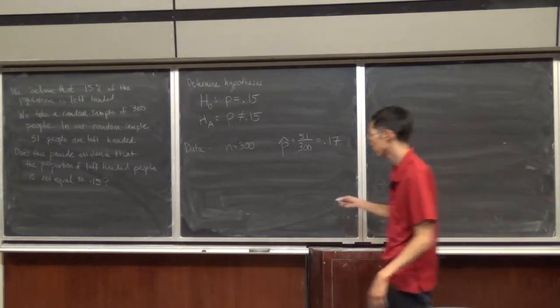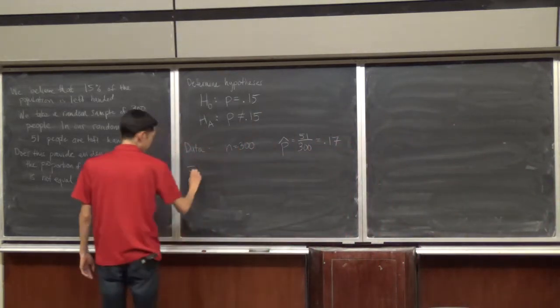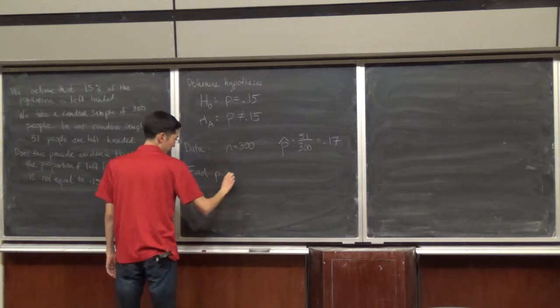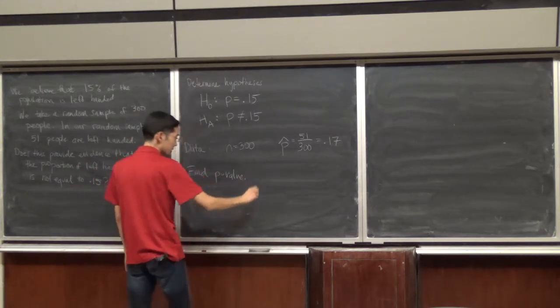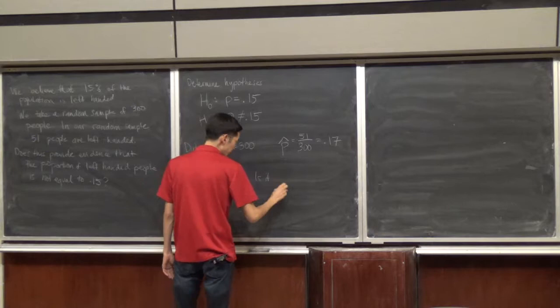Okay, so we want to find the p-value. Okay, so is it likely or unlikely? That's essentially what we're asking.